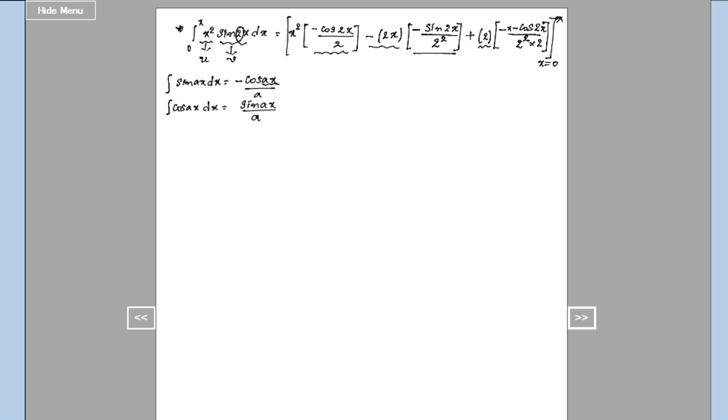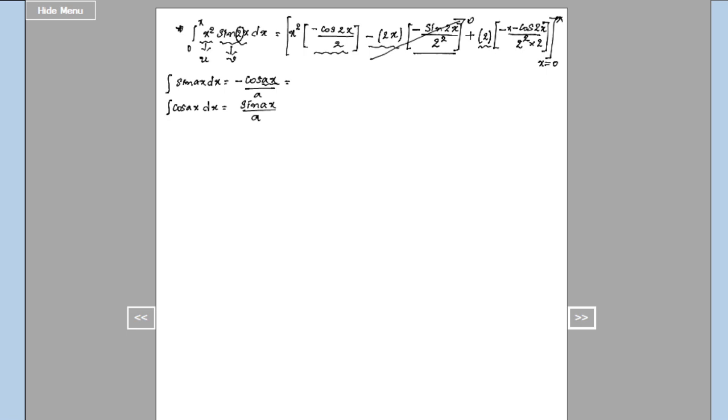In the second term, x sine 2x divided by 2 square, when I apply the limit, sine 2 pi becomes 0 and sine 0 becomes 0. So straight away I can strike it off, that term becomes 0.